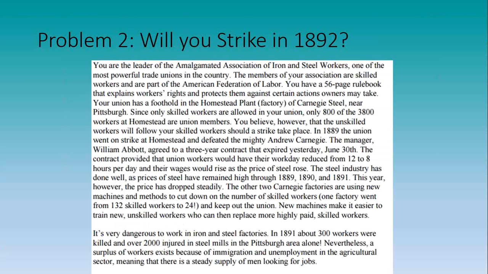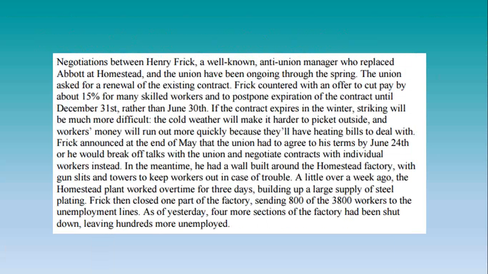The previous contract had dropped your work hours from 12 hours a day to 8 hours a day and gave you steady raises as the price of steel increased. However, the price of steel was on the decrease, and 2 of the plants run by Carnegie were already being run by non-union workers, and so their products were cheaper than yours, and they had become more automated. So Frick is not your friend at the moment.